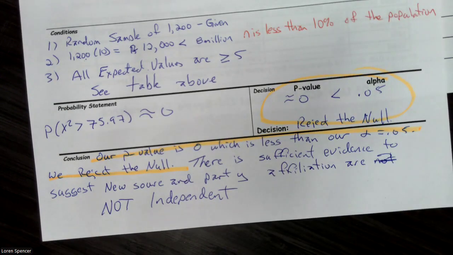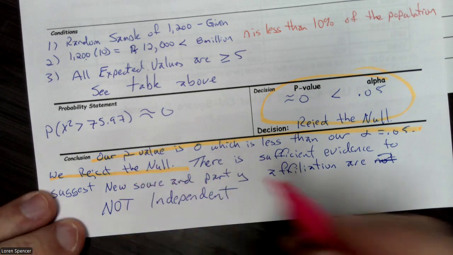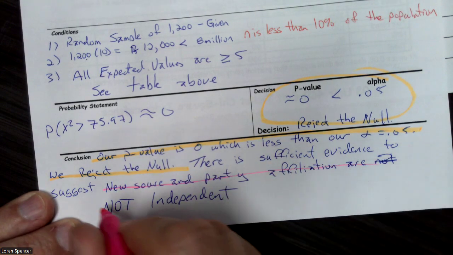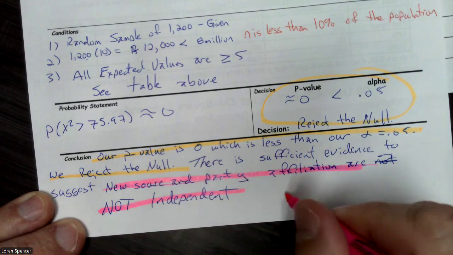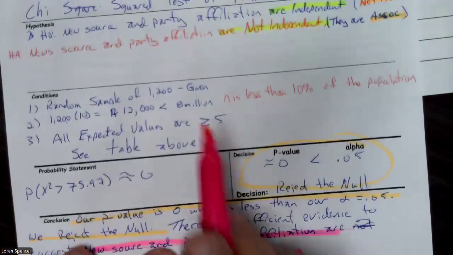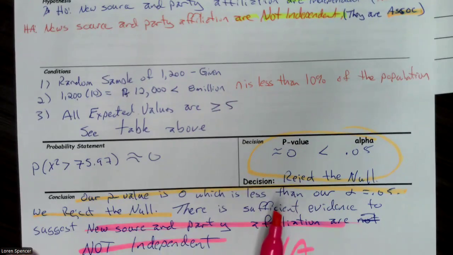There is sufficient evidence to suggest that news source and party affiliation are not independent. This second part right here, beginning with news source and party affiliation, that's my alternative hypothesis. That's HA, that's stated right up there.